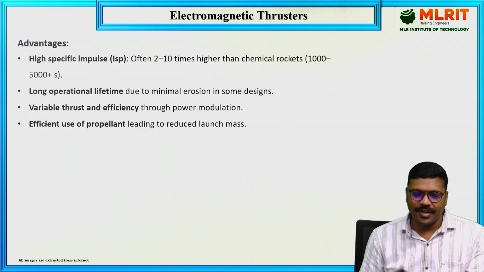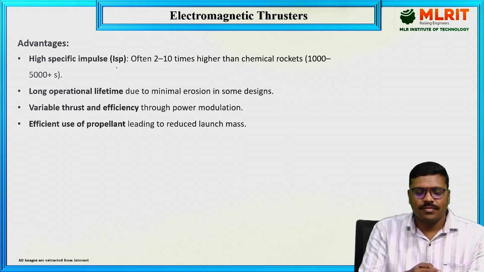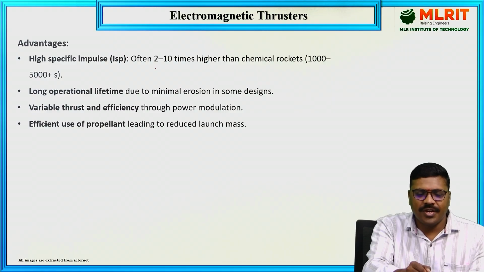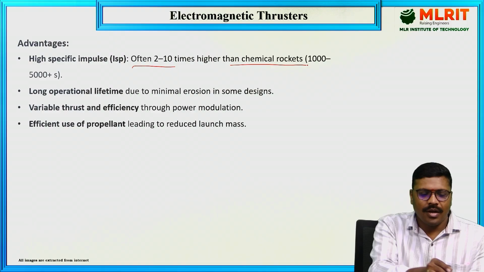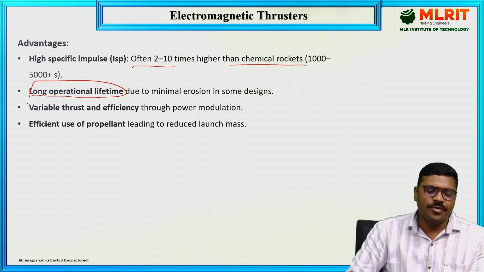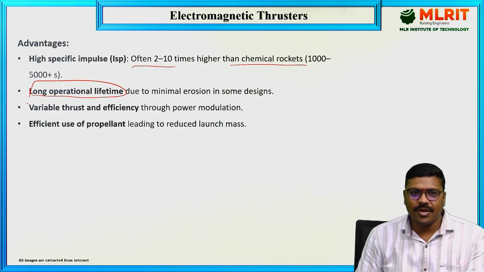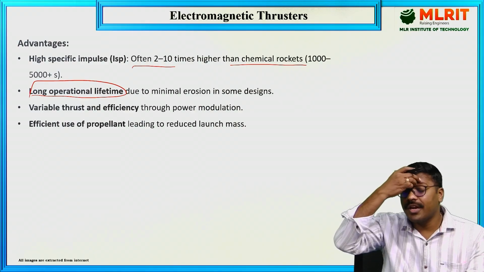Coming to the advantages. High specific impulse: specific impulse is often 2 to 10 times higher than chemical rockets. Longer operational lifetime: we can use these electromagnetic, ionic, electrostatic or electrothermal thrusters for a long duration.